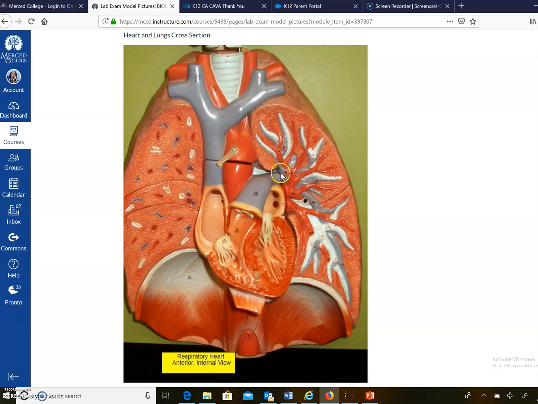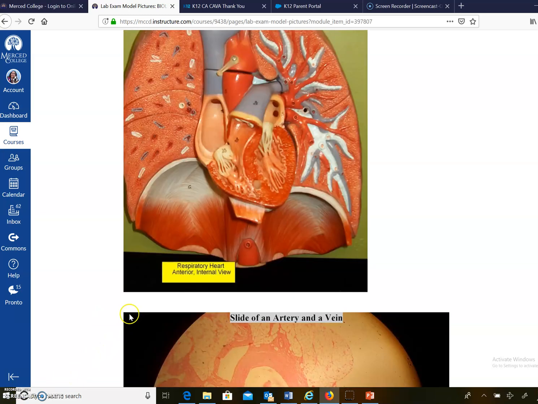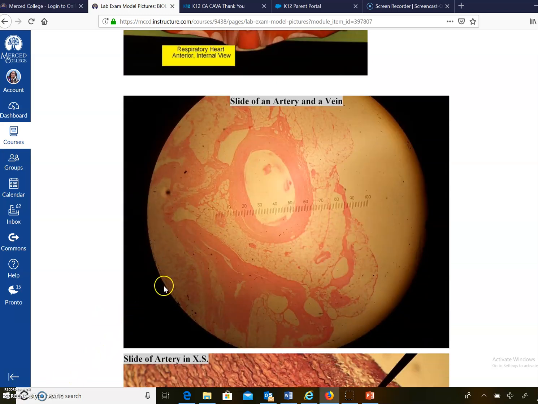The pulmonary artery is carrying deoxygenated blood out to the lungs. And then here is the pulmonary vein draining back into the left atrium, down to the left ventricle, and out the aorta. We will do vasculature in another video.